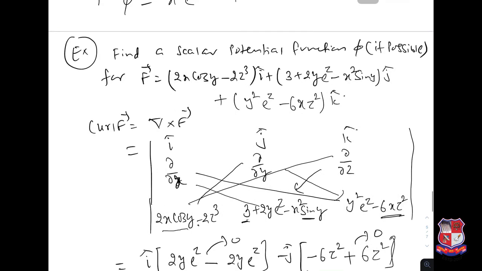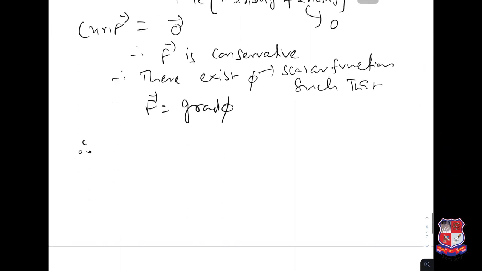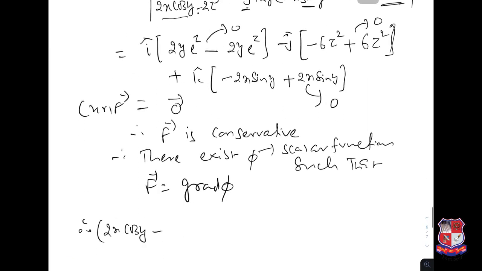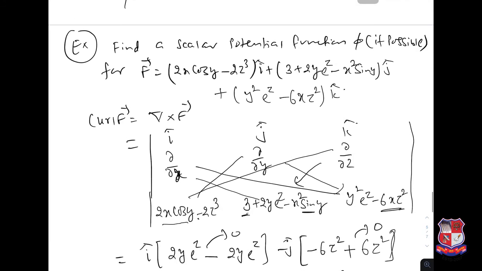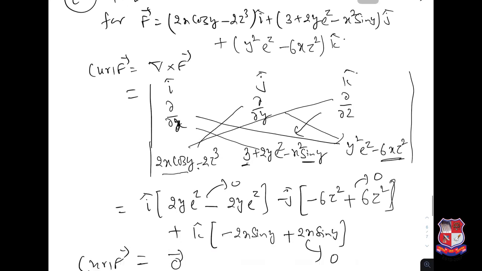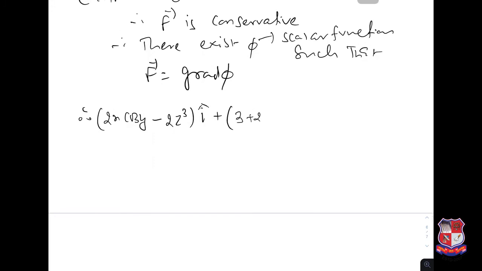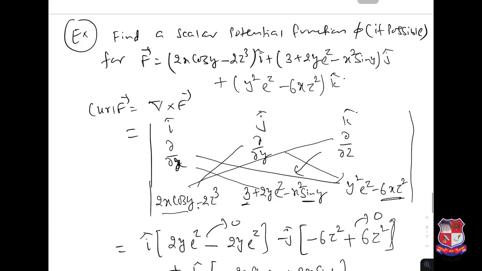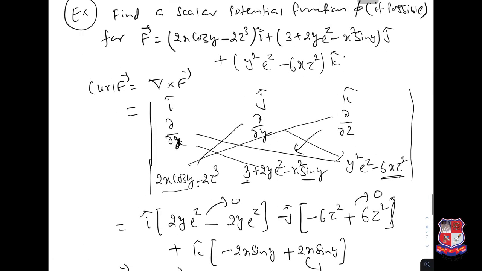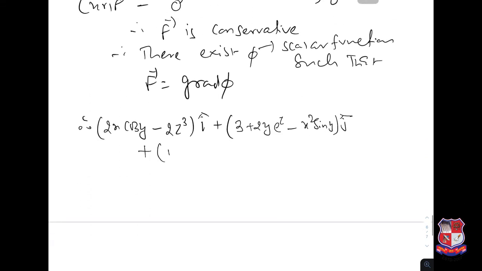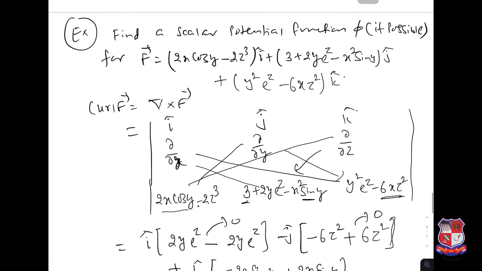Now we write f. So f is 2x cosine y minus 2z cube i plus 3 plus 2y e power z minus x square sine y j, and plus y square e power z minus 6x z square k.